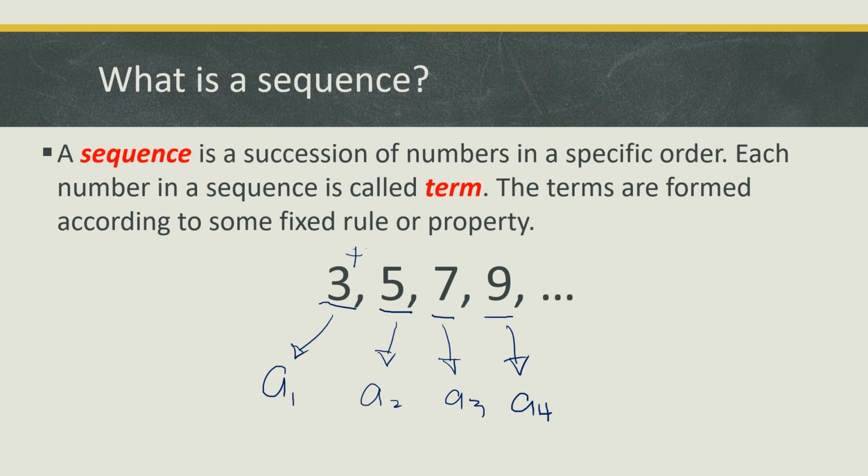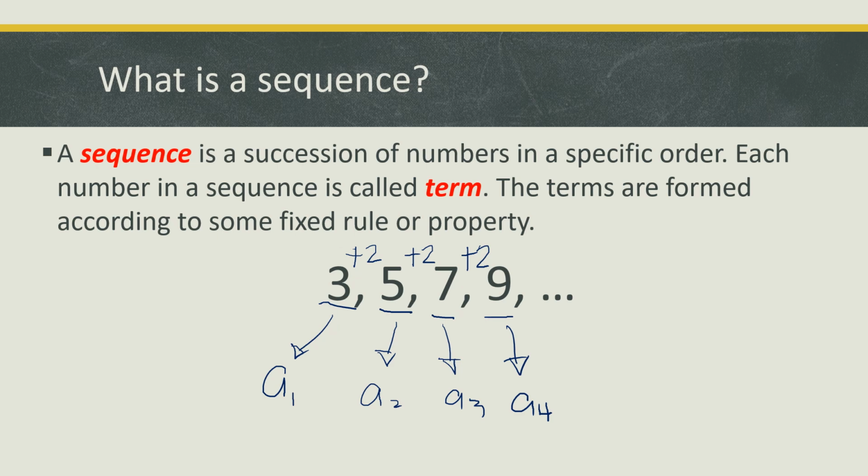We added 2. And observe on the third term, nag-add din tayo ng 2 sa second term, followed by the fourth term, nag-add din tayo ng 2 sa third term. So basically, for us to know the next term, we will follow the pattern, which is adding by 2. So this is how a sequence works.